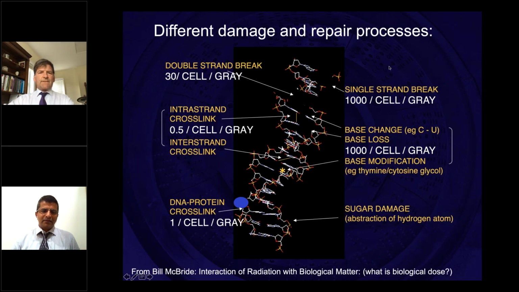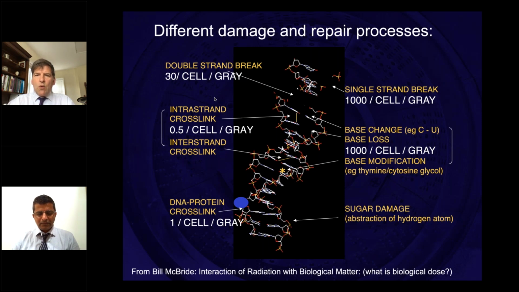So what are we actually talking about here when we talk about repair? We're talking about the repair of sublethal damage which takes place on the DNA strand. For every gray of radiation that every cell in the body absorbs, we get approximately 30 double strand breaks.